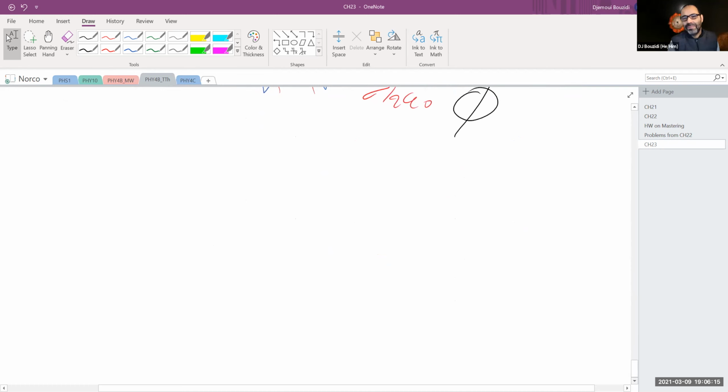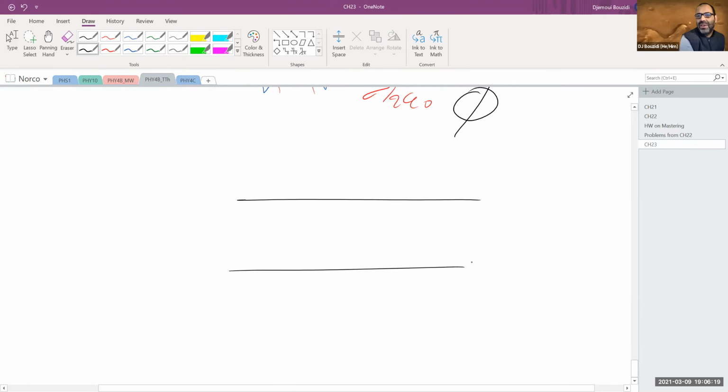It has to be big plates though, so that this distance is small. Otherwise sigma over 2 epsilon doesn't work for a finite plate. So the electric field here is 0, here is 0, and in here is sigma over epsilon naught. End of the story.